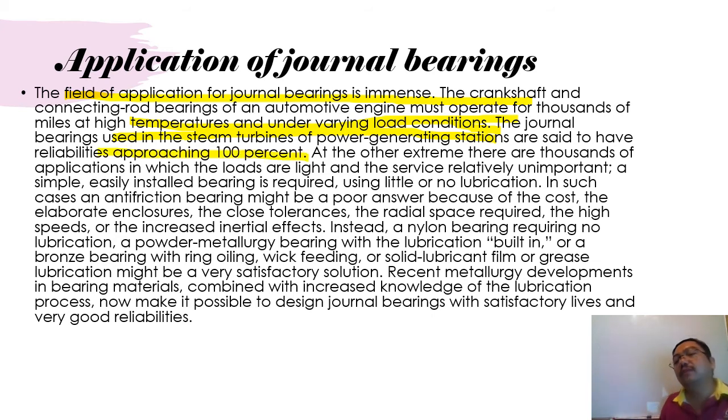If you remember, in the last topic on rolling contact bearings, for reliability we said we can go for 10% reliability, 50%, 90%, or 99% reliability. Now we are talking about general bearings, which require 100% reliability. For example, in the application of a steam turbine in a hydroelectric dam, you don't just go and do maintenance.